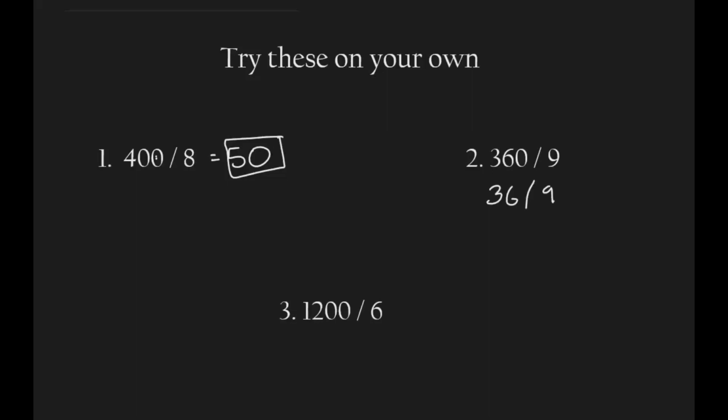If you know your tables or you have a multiplication chart, you know that 9 times 4 is 36. So our answer over here is 4. But now the answer over here is not 4. Because there's a 0 we need to add, let's just bring it down there. Our answer is 40.